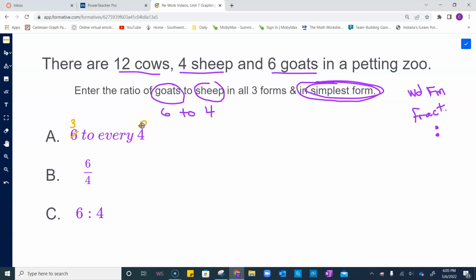We're going to divide the common factor of 2 out of both. 3 to 2, divide this by 2, divide this by 2, and it's 3 to 2. And that makes this 3 colon 2. And that is how you write the 3 forms in simplest form.